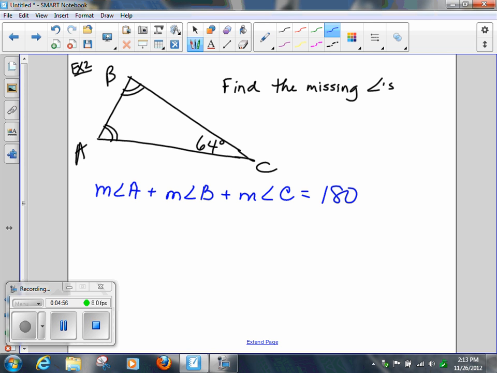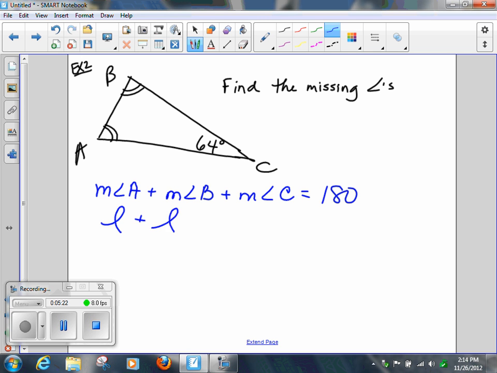But give me a variable. L, for Lauren. So if angle A is called L, then what do we call B? L. Why can it not be J? Because they're congruent. So they have to be the same.